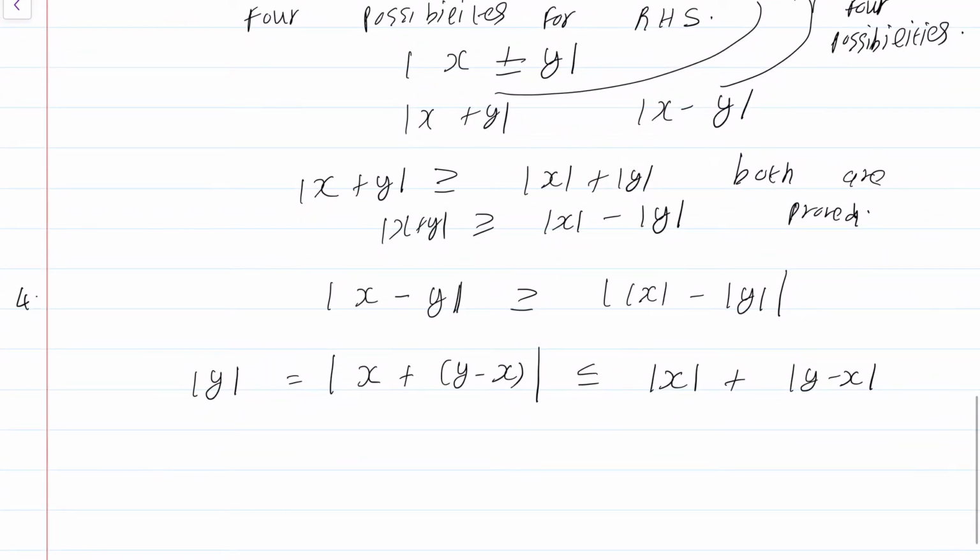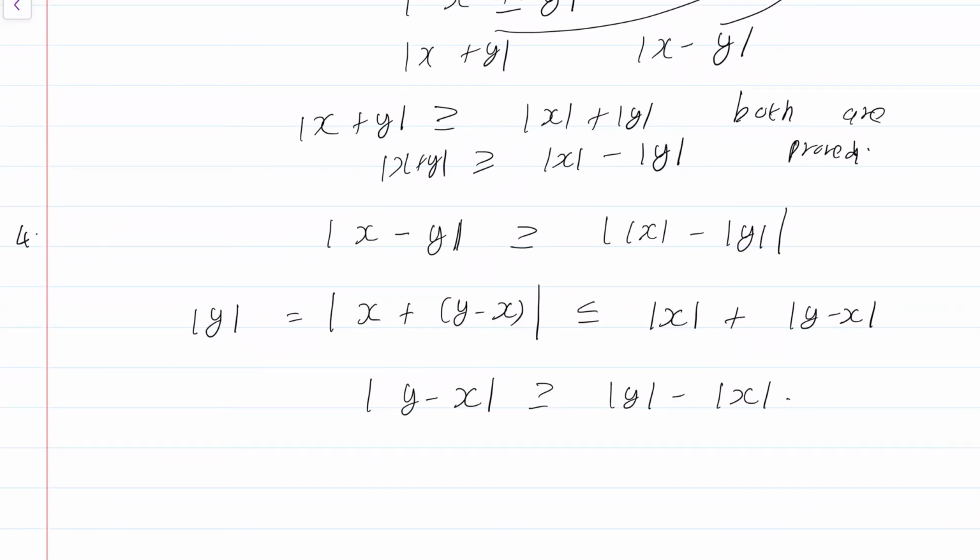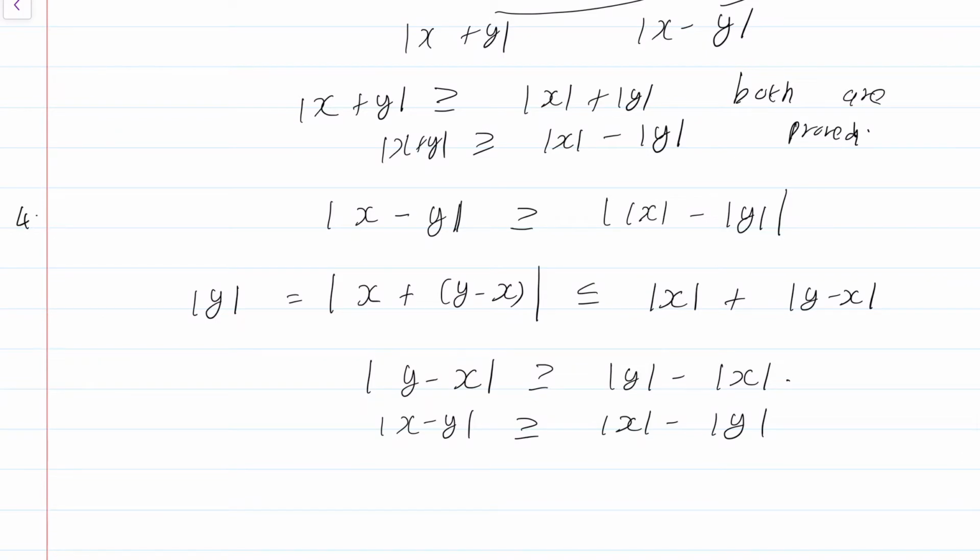So you immediately get mod of y minus x is greater than or equal to mod y minus mod x. So we also get, by the same argument, mod x minus y is greater than or equal to mod x minus mod y. But mod y minus x and mod x minus y are the same.